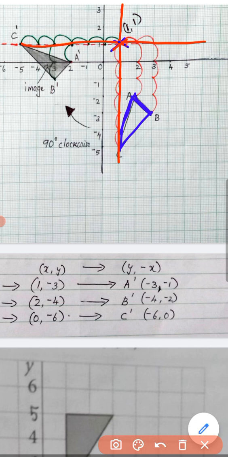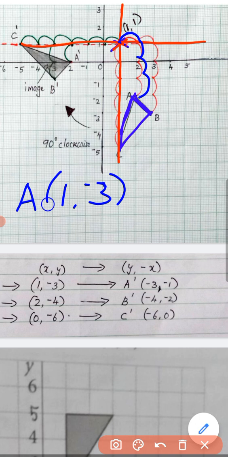Now, A is here. Start from here: 1 unit right and 3 units down. One unit right means 1 on the x-axis, and down means negative y-axis, so it is -3. A is (1, -3). That is our new coordinate.